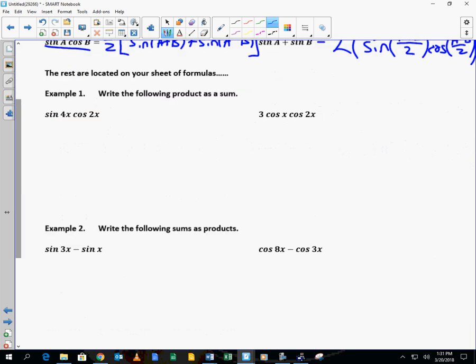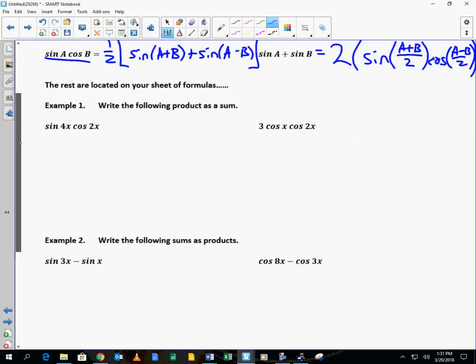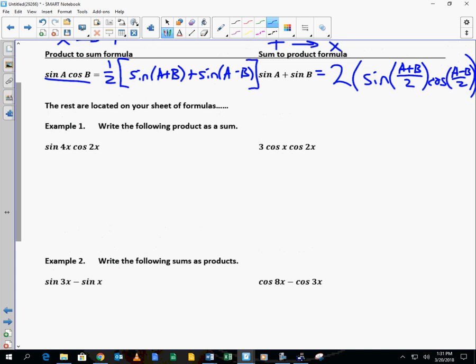It says write the following product as a sum. This is a product. We want it to be addition instead. I'm going to use my very first formula that I wrote down. The formula says 1/2 times the quantity sine of a plus b plus sine of a minus b. So what I need to do is identify in this problem what is a and what is b.